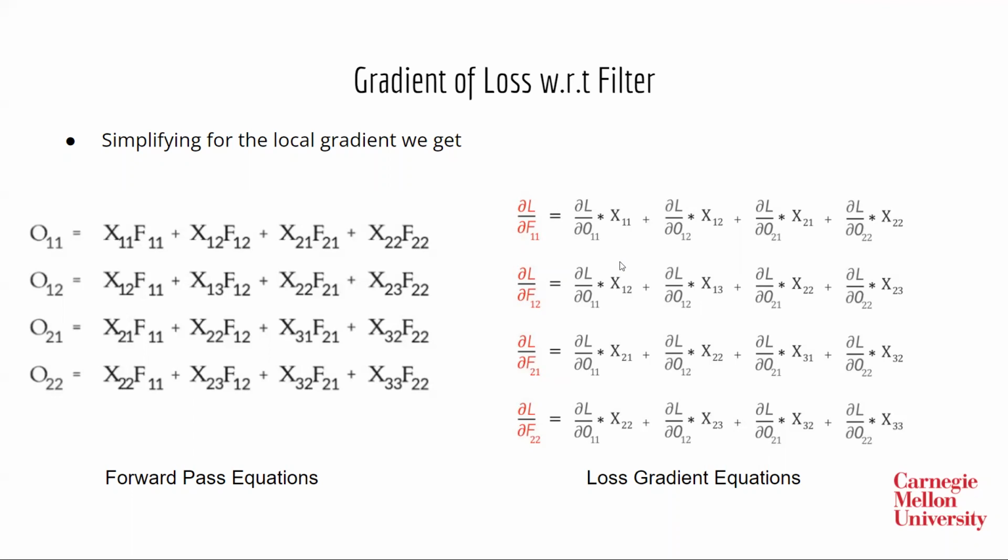It's just a simplification of the formula. You can look through the slides and you should understand. Let's look at another example. You want to find the gradient of O21 with respect to, say, F22. That's going to be X32, and that's what you plug in over here.